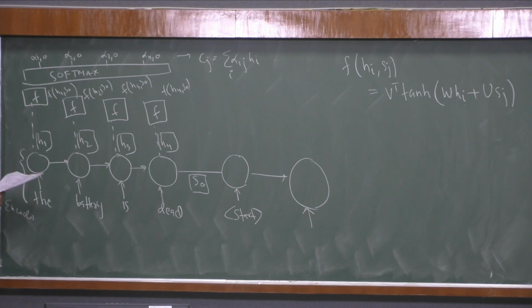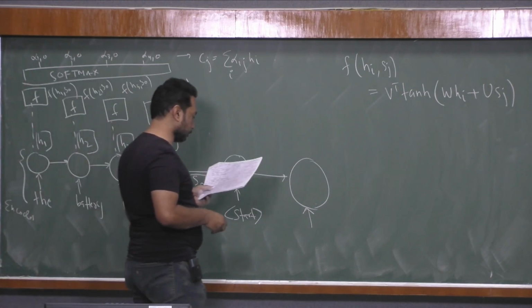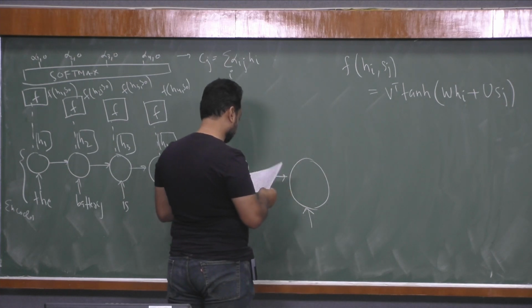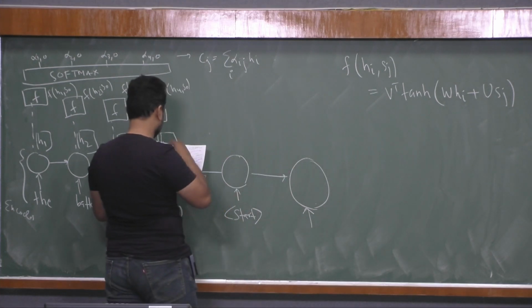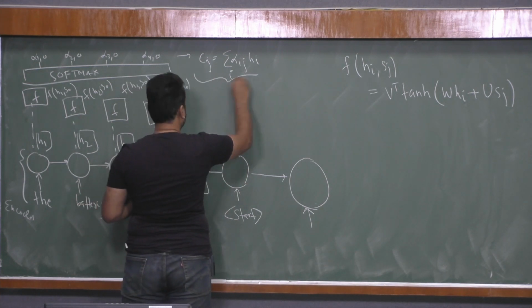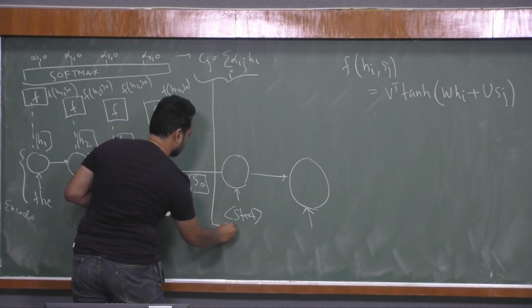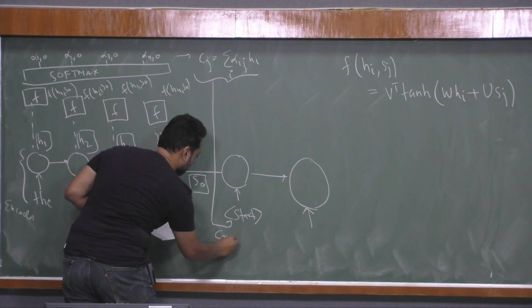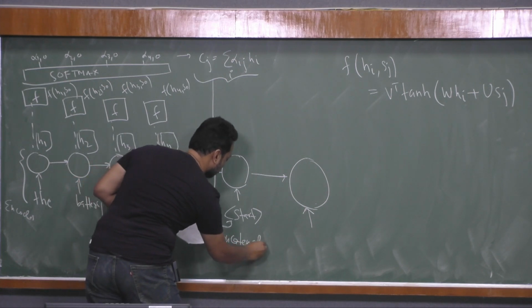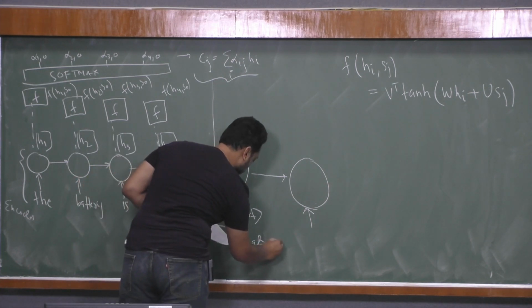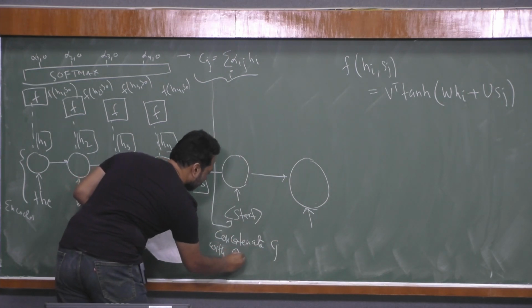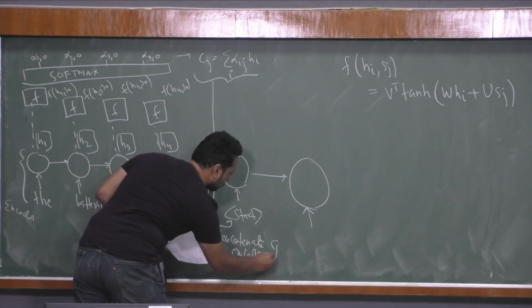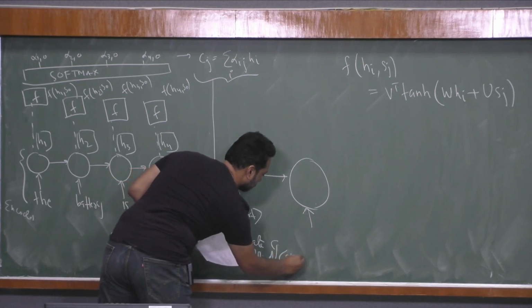This context vector is then concatenated with the embedding of the input token, which in this case will be the start vector. So the context vector Cj is concatenated with the embedding of the start token.